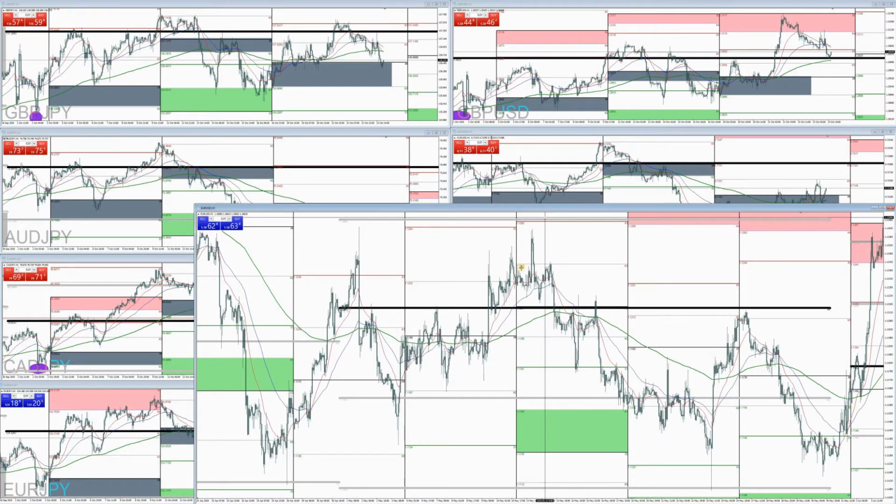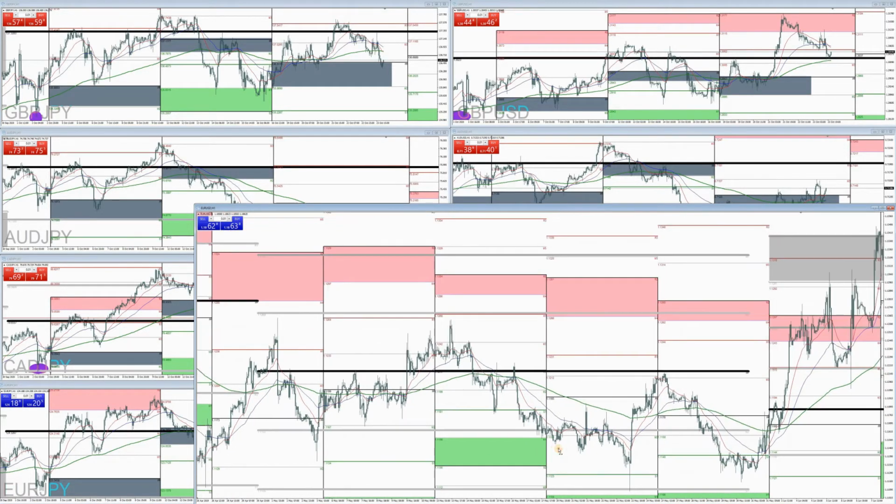Our stop would have been above here. So if we were to get in close to the M3 on the open, and we were to take the first profit target, that would have been good for 80 pips. And if we would have held on to our trade, we would have been eventually stopped out either at break even or at minus 28 pips once we moved down our stop a little bit.